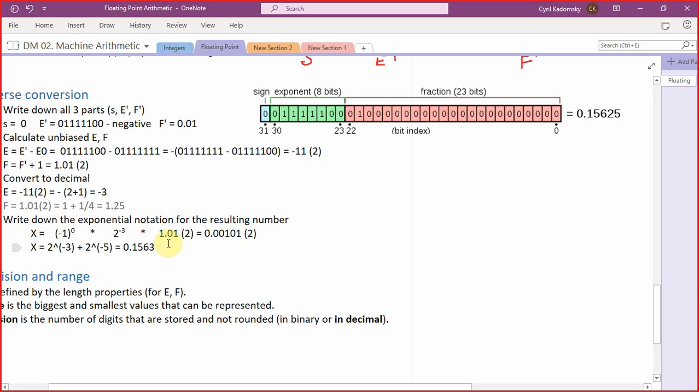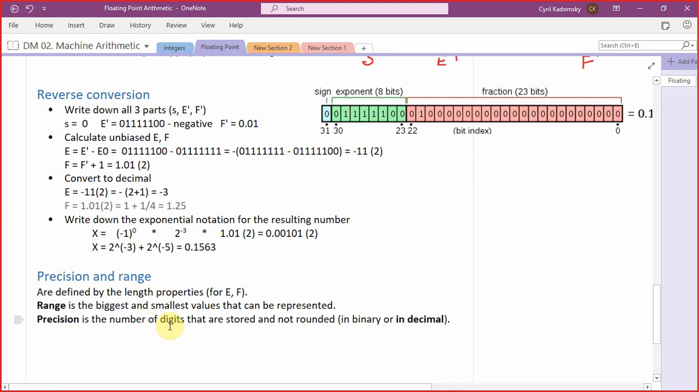It actually rounds everything that goes after it. That is rounding. And the question is actually how many digits are trustworthy, because our fraction can be infinite, but only the first certain amount of digits are exact. All the rest are rounded.